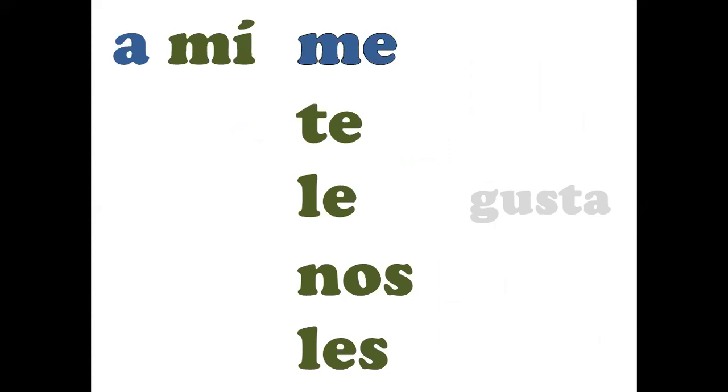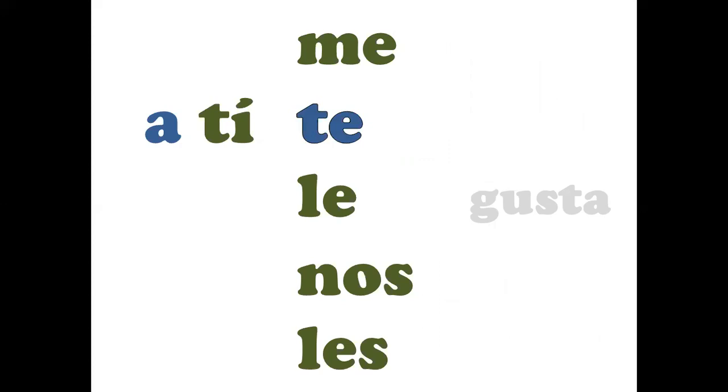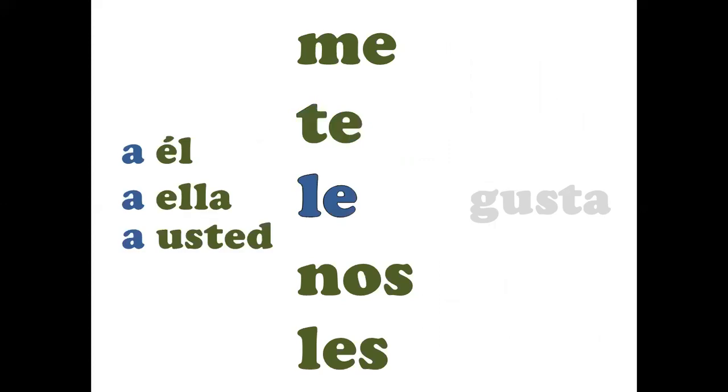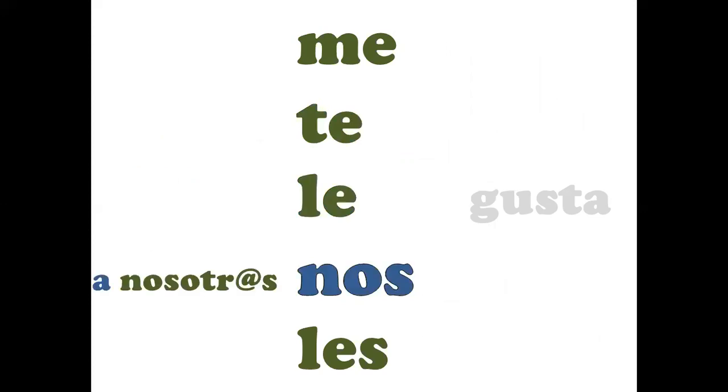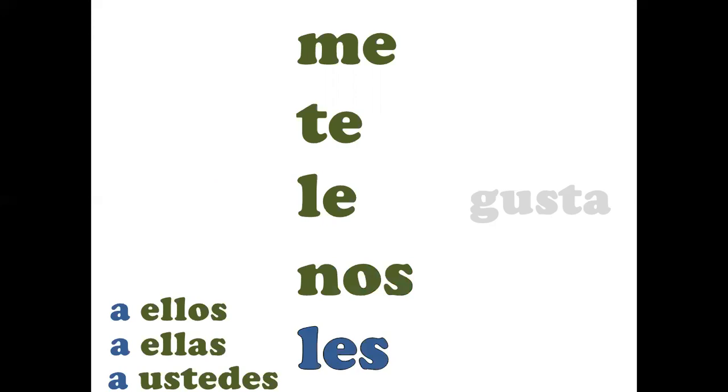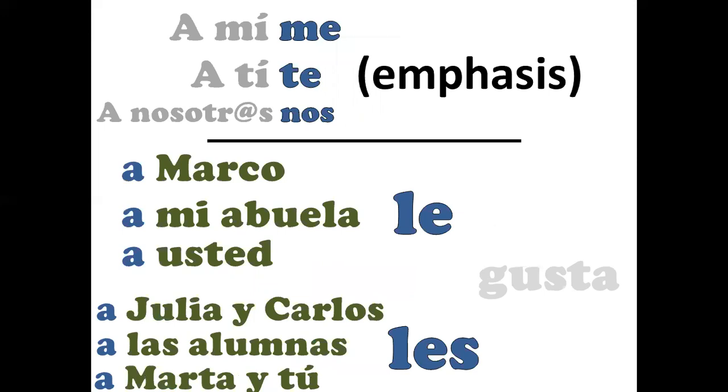A mí me gusta, a ti te gusta, a él le gusta, a ella le gusta, a usted le gusta, a nosotros o nosotras nos gusta, and a ellos, a ellas, a ustedes les gusta. Really, when you're referring to a mí, a ti, a nosotros, since they only have one indirect object possible in this case, it's just for emphasis.